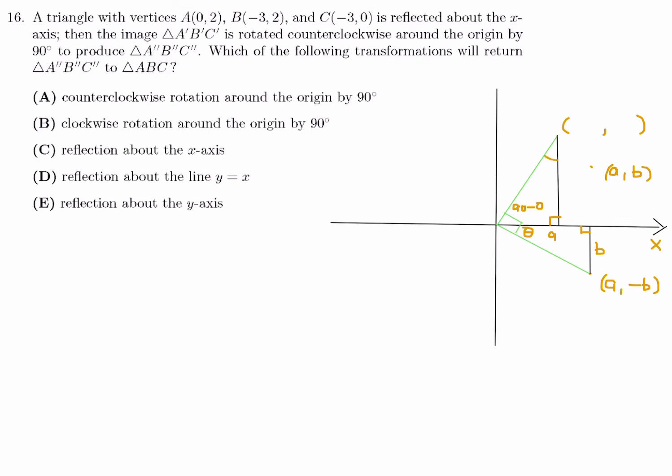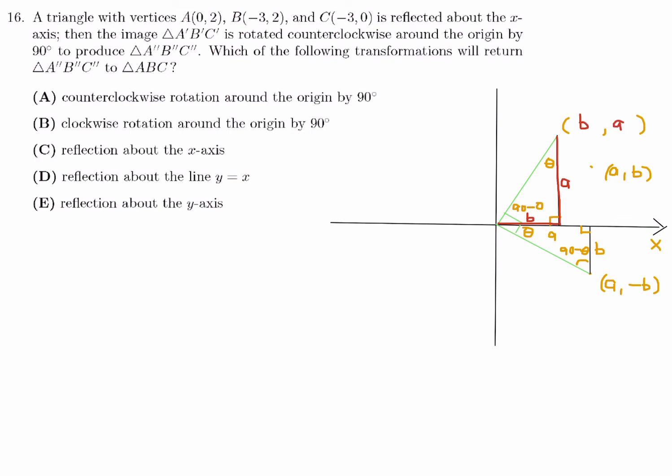And therefore this angle is theta. And this angle is 90 minus theta. So those are pretty much identical triangles. So I hope I have convinced you of that. So because they're identical triangles, the distances must be the same. This must be B, and this must be A. So the coordinates would be BA. And there you go.